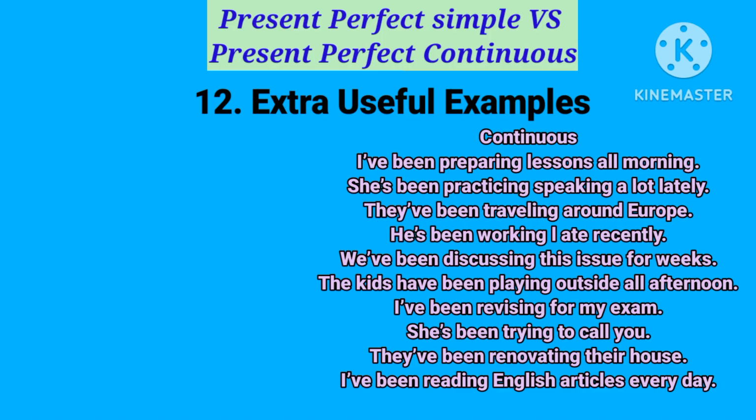We have been discussing this issue for years, for weeks. The kids have been playing outside all afternoon. I've been revising for my exam. She has been trying to call you. They have been renovating their house. And I've been reading English articles every day.